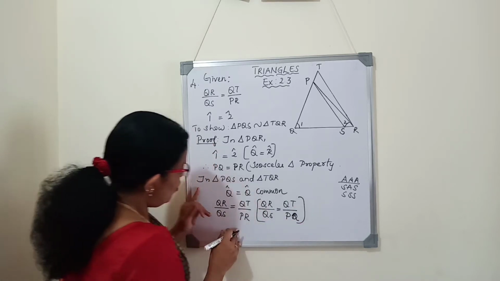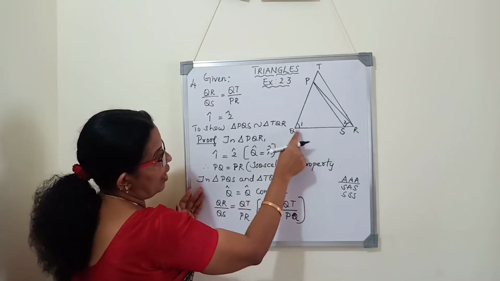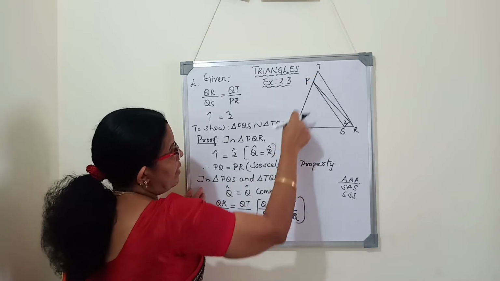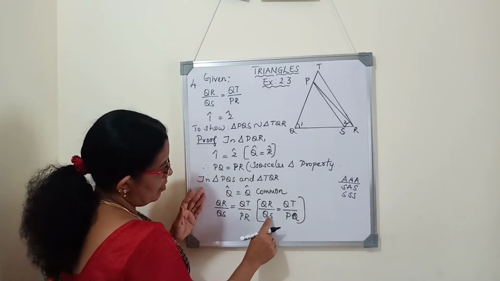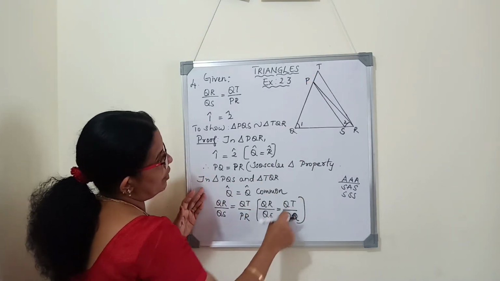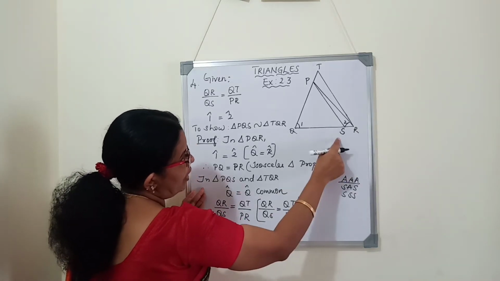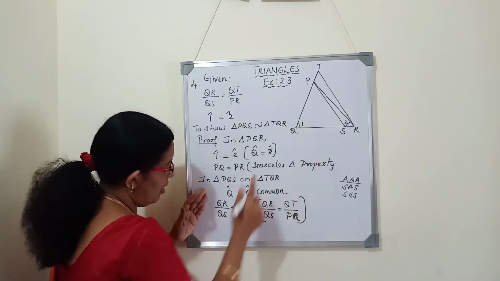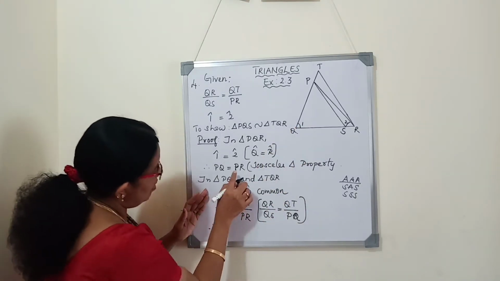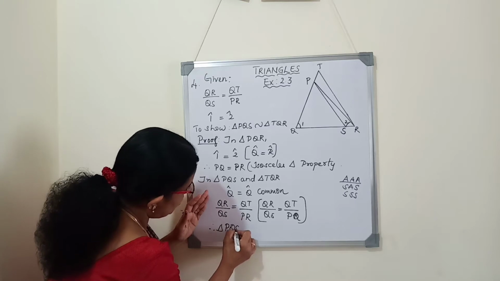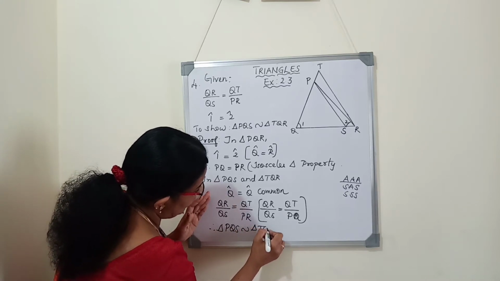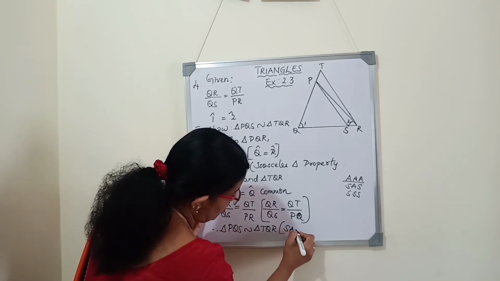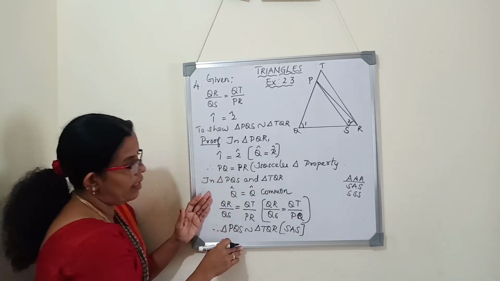PQ. So here we proved that in these two triangles, angle Q is a common angle, and TQ by PQ is equal to QR by QS. So two sides' ratios and the included angle. Therefore, triangle PQS is similar to triangle TQR by the SAS similarity criteria.